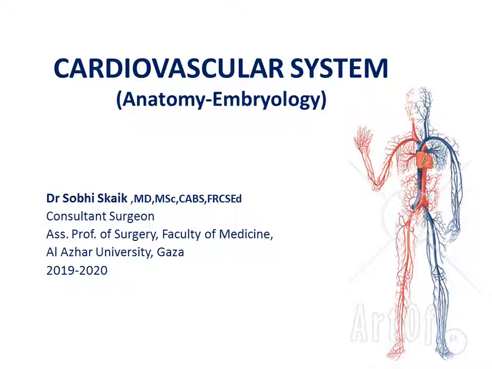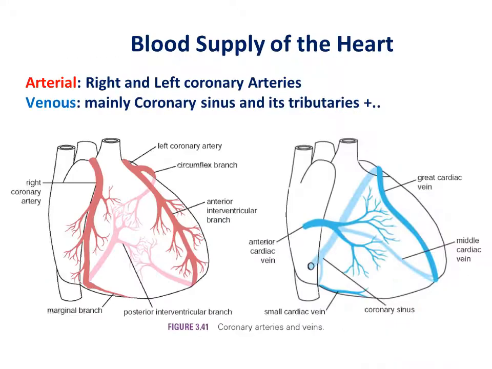Today we will talk about the blood supply of the heart, which is the coronary circulation to the heart muscle, both arterial and venous blood supply.